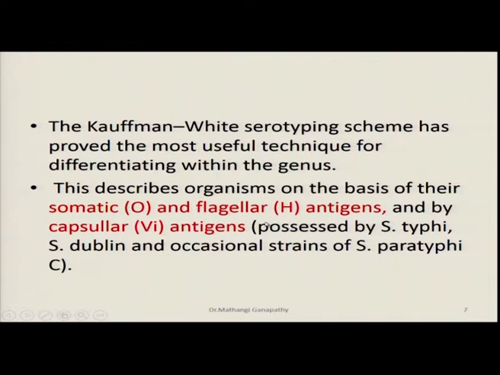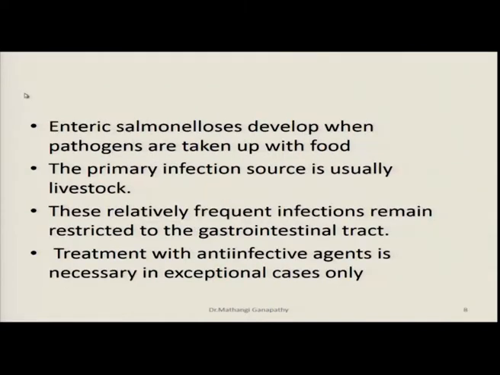So 3 types of distinct antigens are present on Salmonella typhi: the somatic or O antigens, the flagellar or H antigens, and the capsular or Vi antigens. Based on the type of antigen present, the serovar is classified, and this capsular Vi antigen is possessed by Salmonella typhi, Salmonella dublin, and some strains of Salmonella paratyphi also.